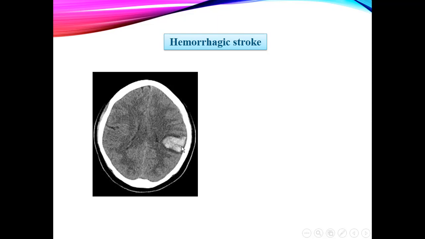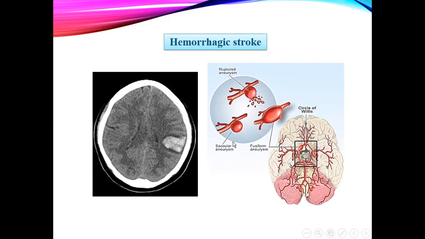Okay, because here we've got hematoma. Okay, and hemorrhagic stroke occurs due to rupture of the artery. Rupture of an artery leads to hemorrhagic stroke.